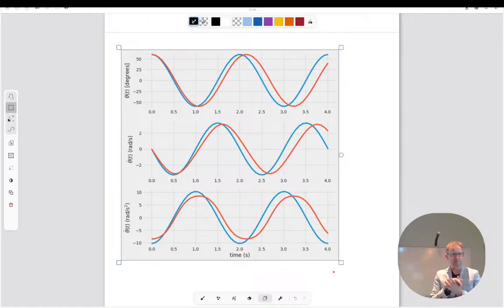What are these 3 plots showing? The first one is what we just looked at. What are the next 2?